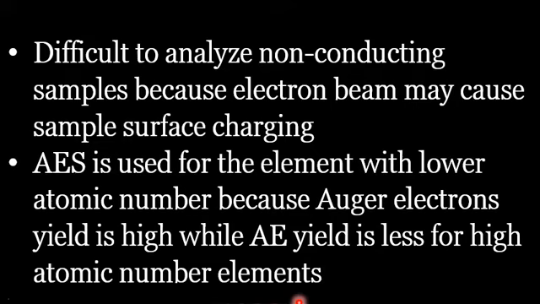This is a very important fact: Auger electrons are more easily emitted if the atomic number of an element is less, whereas it is difficult for Auger electrons to be emitted from elements with high atomic number.